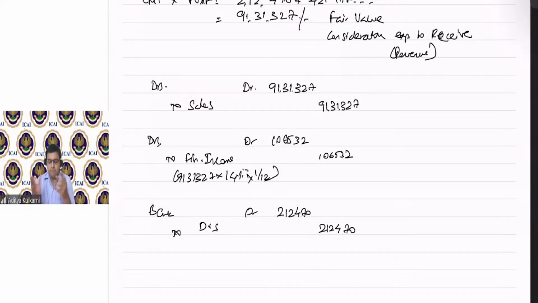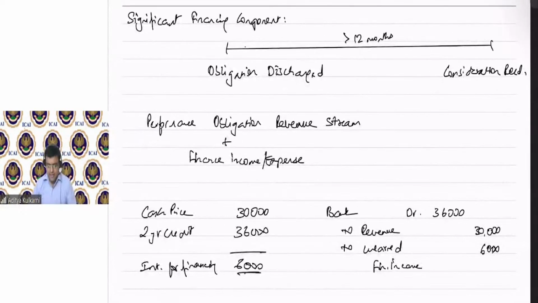And the fifth step is recognizing the revenue as and when the performance obligations are fulfilled. We have done step 1, step 2, and step 3 also to a great extent. In step 3, the last thing we were doing was determining the transaction price, and we had discussed the financing component, if you remember.